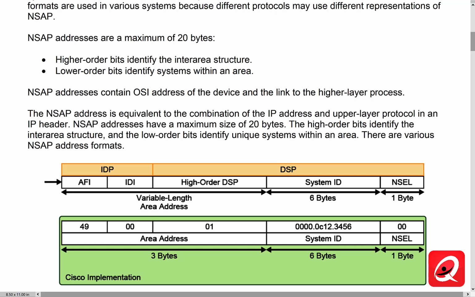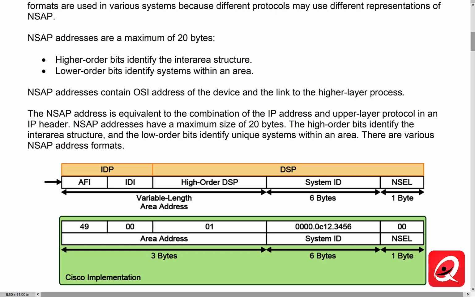ISIS routes these addresses, but they should not be advertised to other CLNS networks because they're basically ad hoc, meaning that they're private, right? So other companies might actually use 49 as well. And then, of course, we could have issues with overlapping areas and system IDs and everything else. The IDI identifies the subdomain under the AFI, which in a sense becomes the area ID.